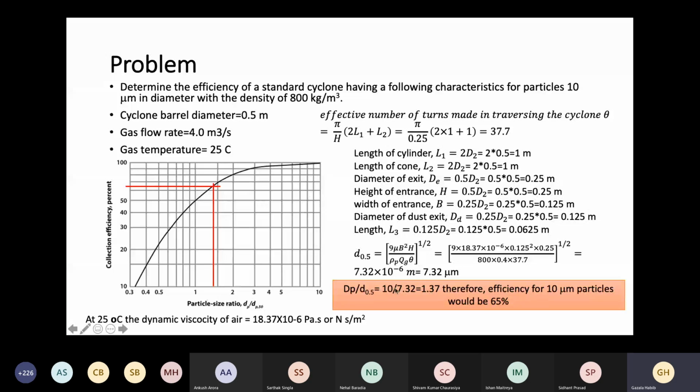Because 70 upon 7.32 is around 10, and the efficiency for those particles will be around 100%. So the efficiency will vary with the particle size.